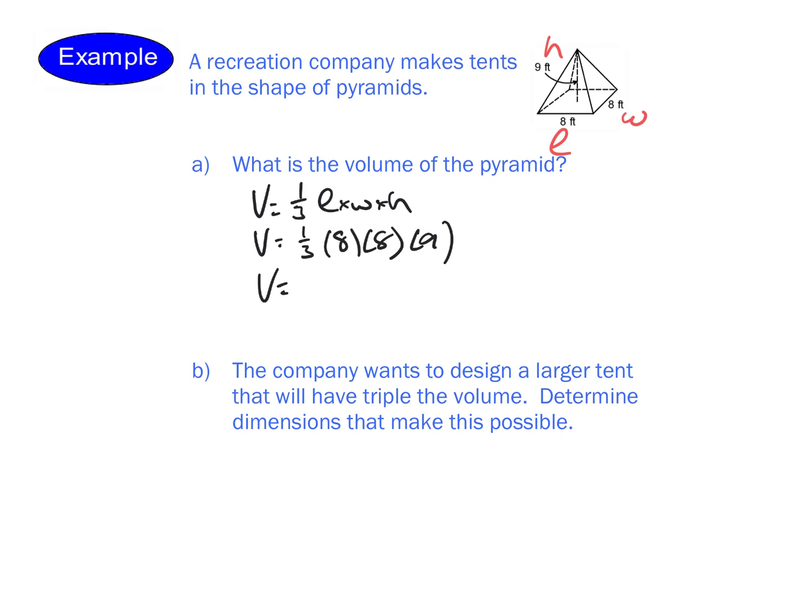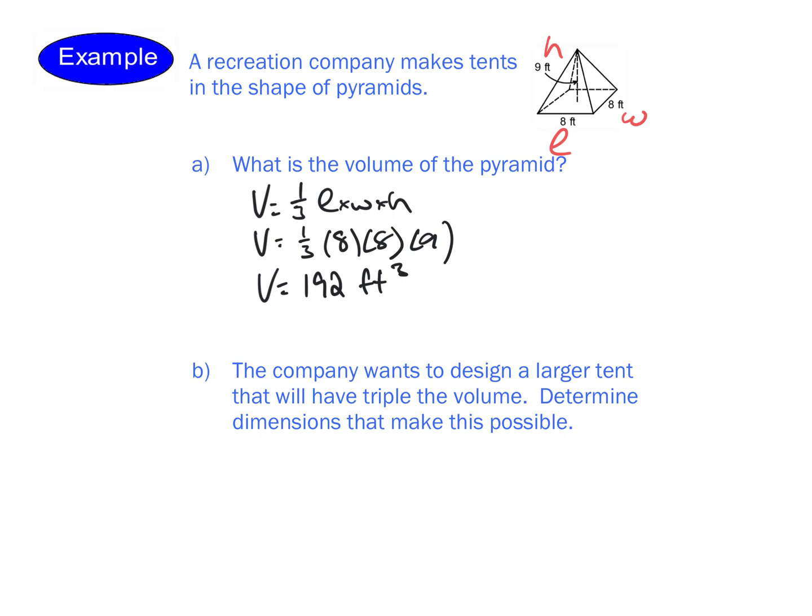And 8 times 8 is 64. And then I could be off here, but I think it's going to be 192 cubic feet. When we go 8 times 8 times 9 divided by 3, we should get 192 cubic feet. All right?